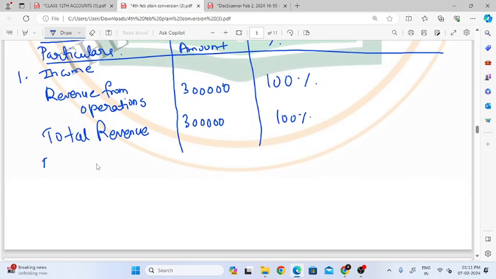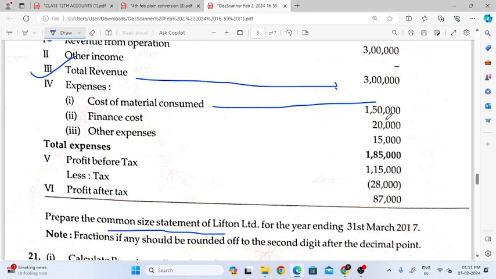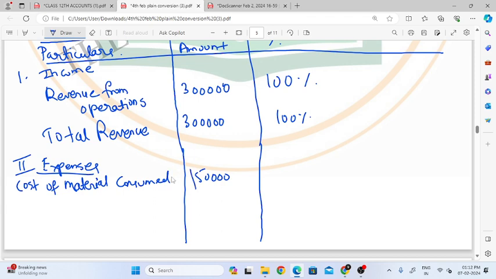Cost of material consumed, so 1,50,000. So 1,50,000 divided by 3 lakh multiplied by 100, which will give you 50%.